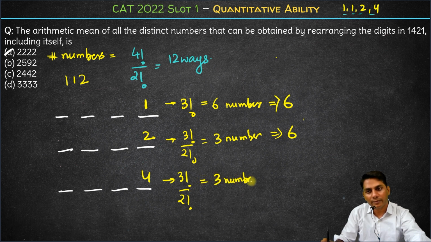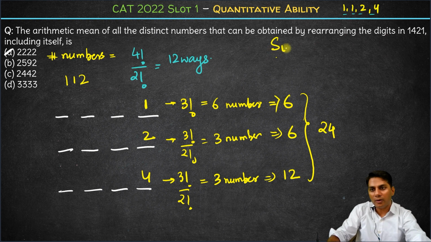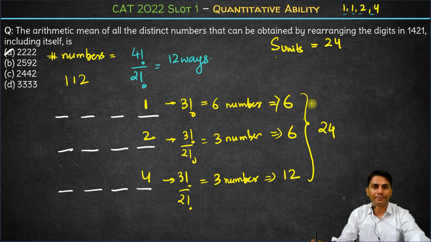Once you add all these 3 numbers, the unit digit will be 4 plus 4 plus 4. So the sum will come out to be 4 into 3, 12. So the sum of all the unit digits will be 6 plus 6 plus 12, which is 24. So the place value of all the unit digits will be 24 here.